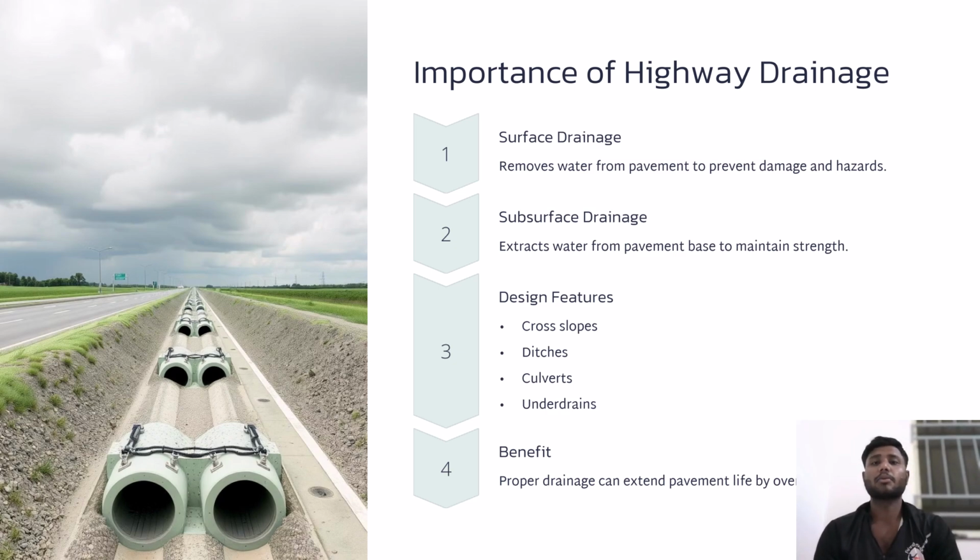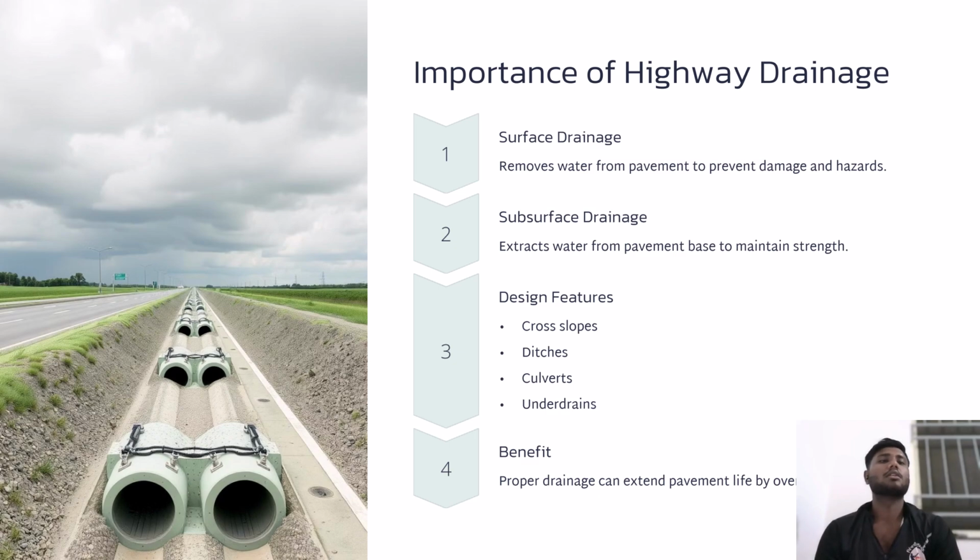So a drainage system is required. Surface drainage removes water from the pavement, preventing damage and hazards. Second is subsurface drainage, which extracts water from the pavement base to maintain strength. Design features are cross slopes, ditches, culverts, and underdrainage.